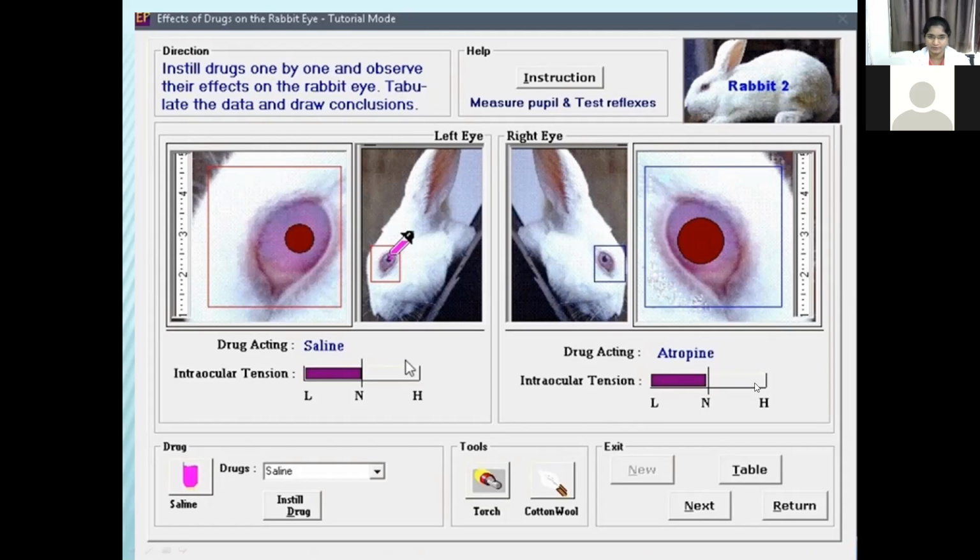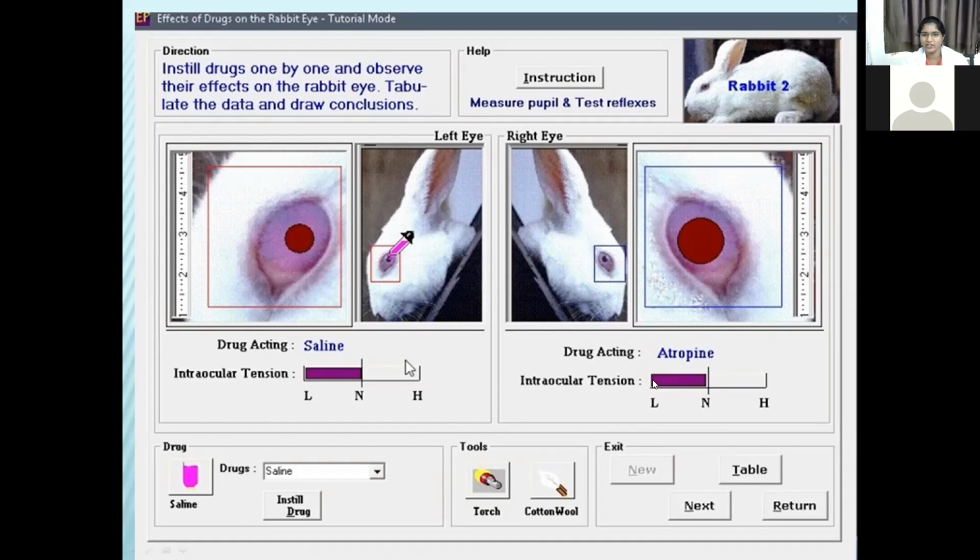So light reflex is absent in mydriasis. Then check corneal reflex by using cotton wool. When you drag the cotton wool in front of the eye and touch the cornea, the rabbit blinks and closes the eye. So this is corneal reflex. Corneal reflex is present in this mydriasis.